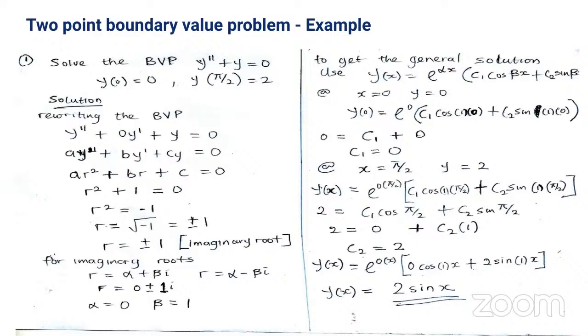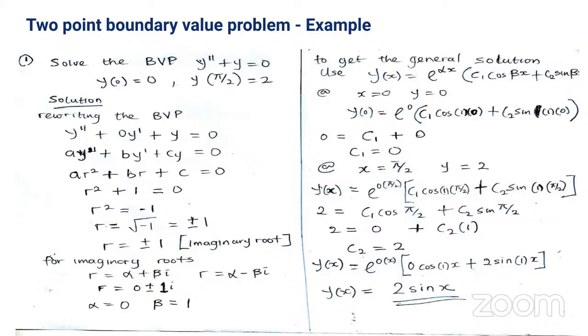So alpha is 0 and beta is 1. At the first initial condition, x equals 0, y equals 0. You can see that from the question, where we have y of 0 equals 0.